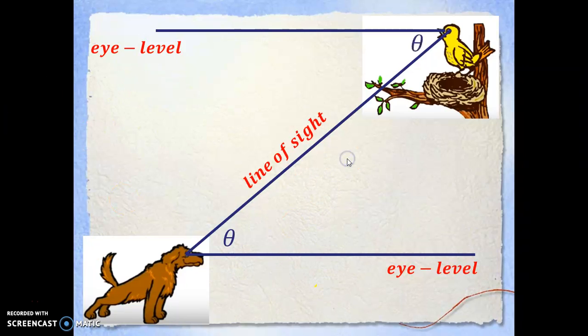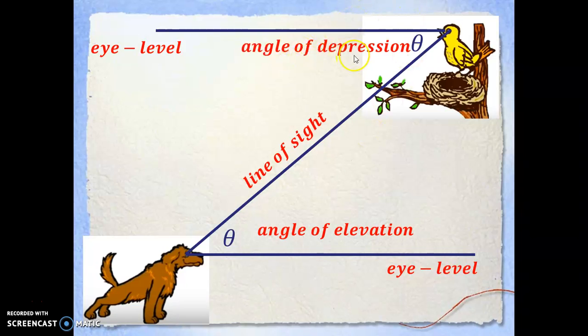Now, how about the angles here? What can you say about the angle of depression and the angle of elevation? They are congruent. Why? Let's recall.